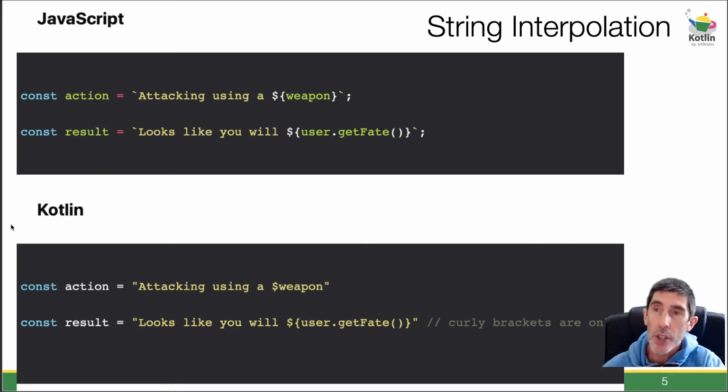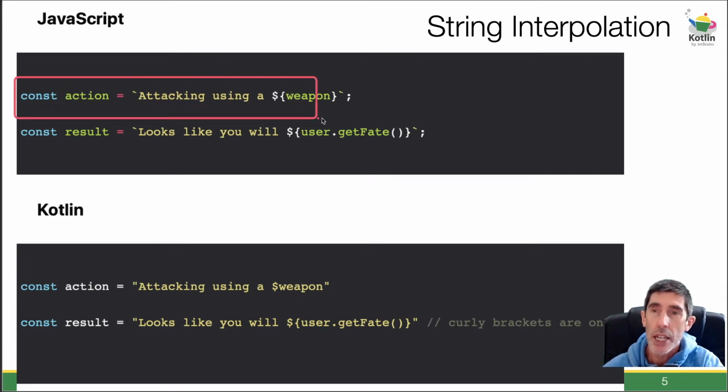A little bit more about strings: string interpolation. You've probably seen a Game of Thrones theme here; if you look at the full reference, you'll see why. Here we have const action, a string with the text: attack using a $ curly brackets weapon.